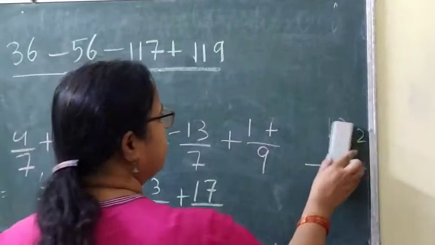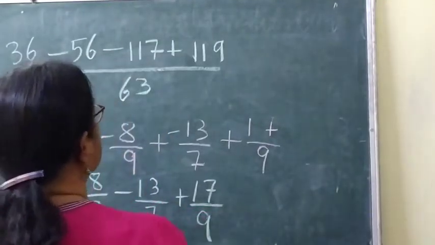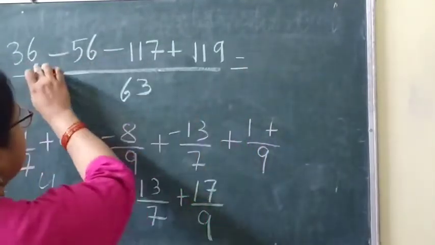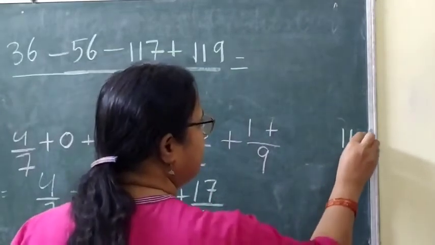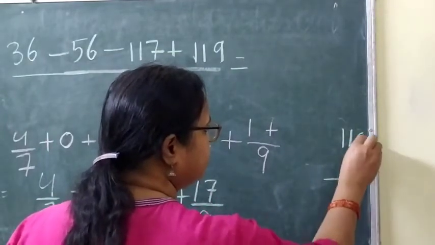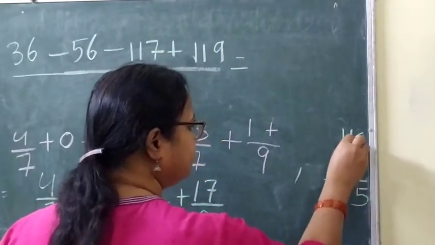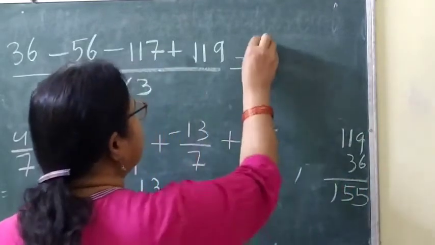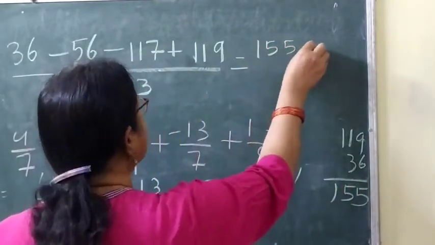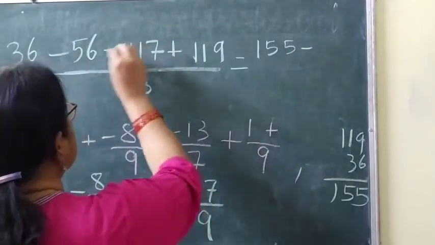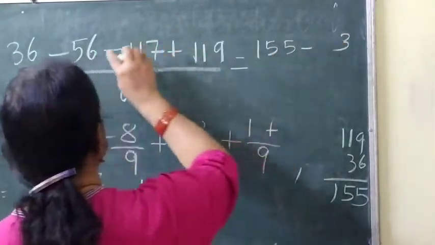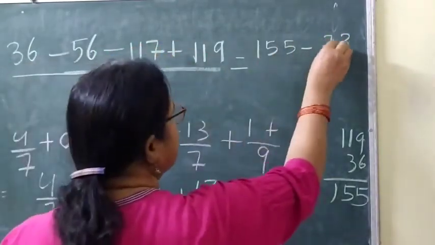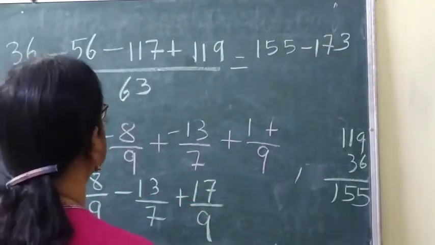We got it here 117. Now 36 and 119 make 155, minus 3, then 5 and 1, 6 and 1, 7 and 1.